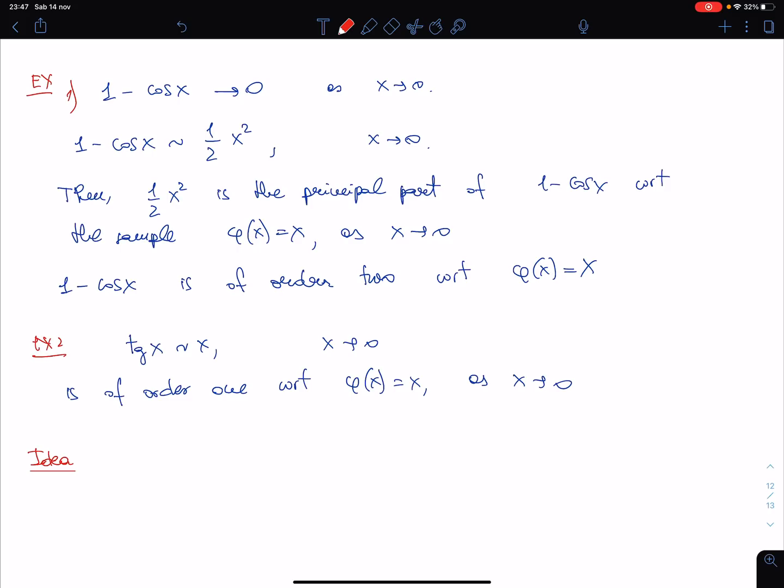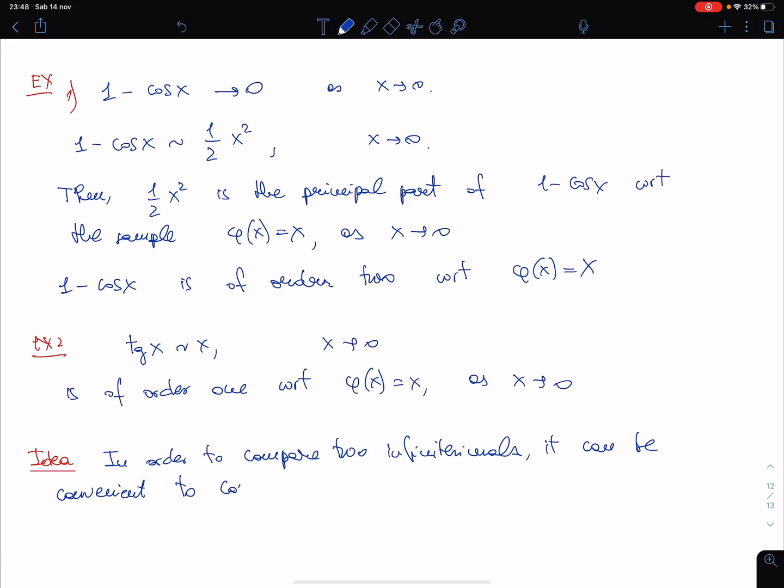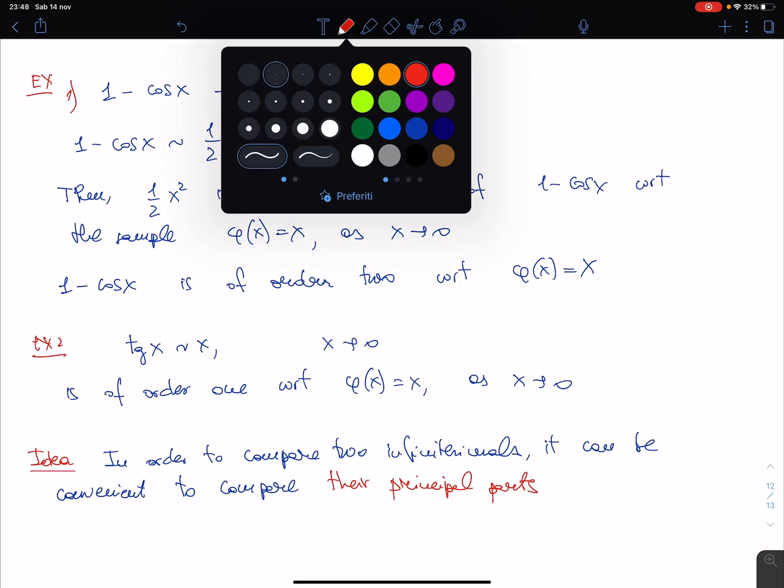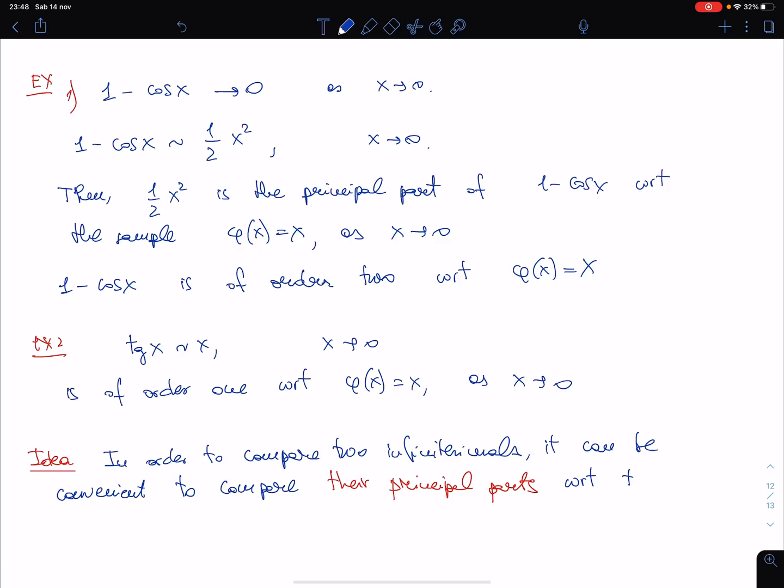The main idea is that in order to compare two infinitesimals, and so to discover which one is of higher order, it can be convenient to compare their principal parts with respect to the same sample. Okay?